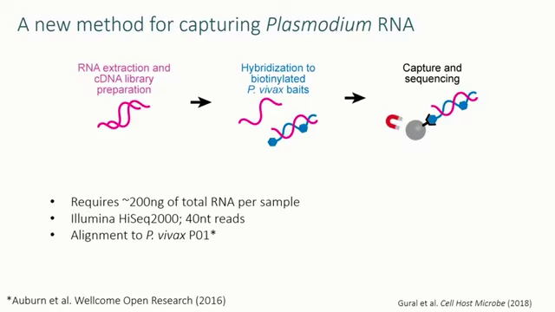So total RNA from infected MPCC was prepared, and we performed an enrichment for P. vivax transcripts by magnetic pull-down using custom-made beads. Selection by hybrid capture was followed by Illumina HiSeq.